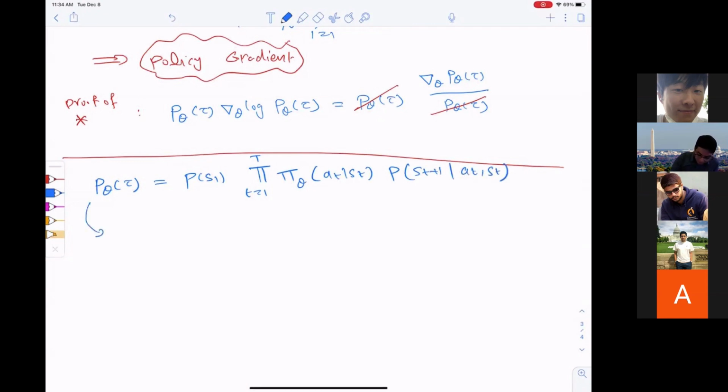Now I want to compute the gradient of the log of this function. So let's first take the log. So I have log of P of S1. The log of a multiplication would be the summation of the logs. And again, I have a multiplication, so I have a summation of the logs.